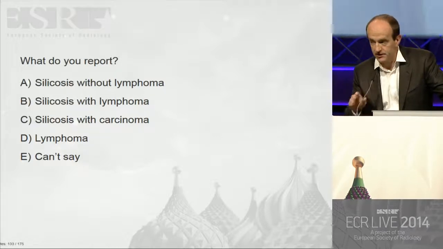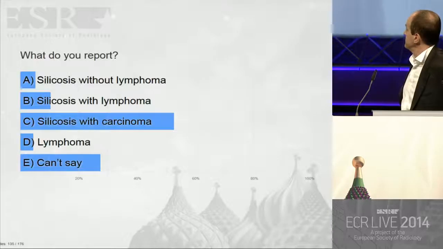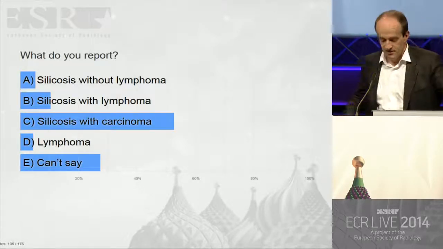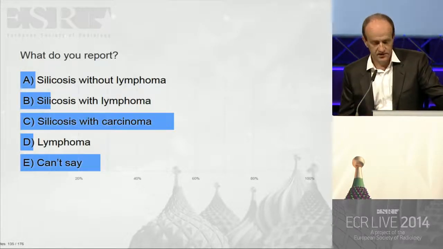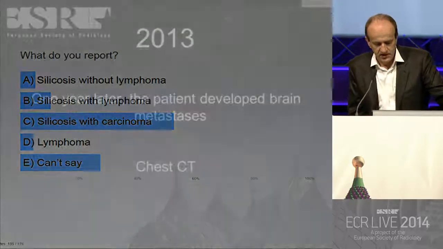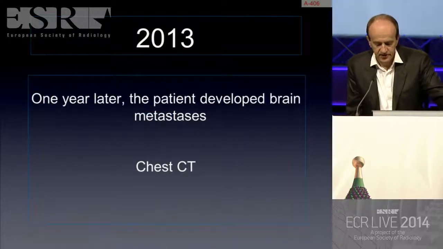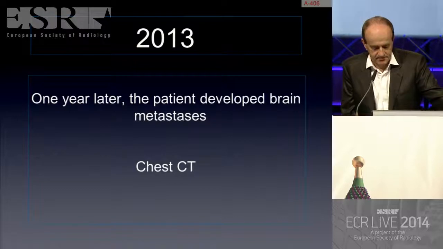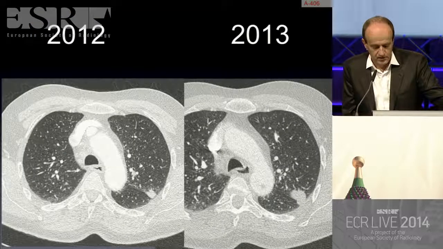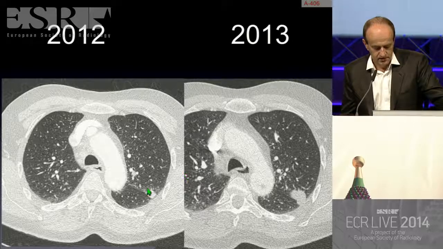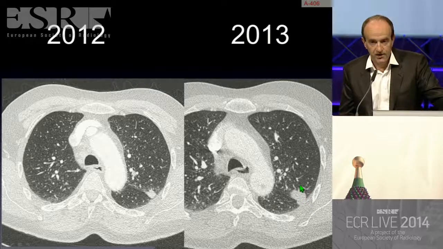Okay, can we have the results? Silicosis with carcinoma is the best answer. One year later, the patient developed brain metastasis, and he had a new chest CT. What do we see? This nodule increased in size and was biopsied and proved to be a carcinoma.